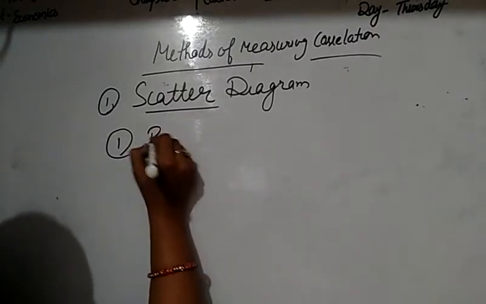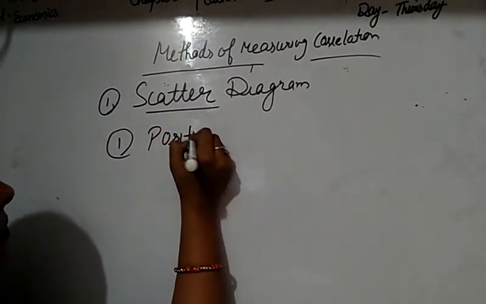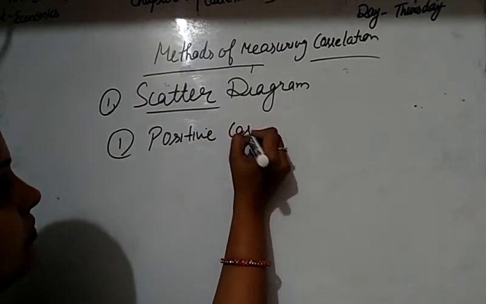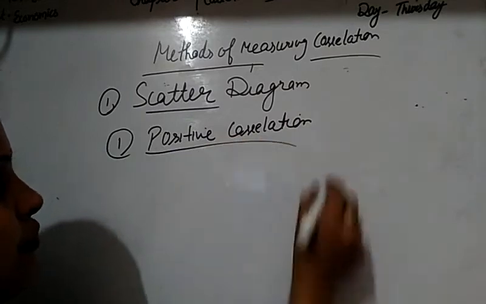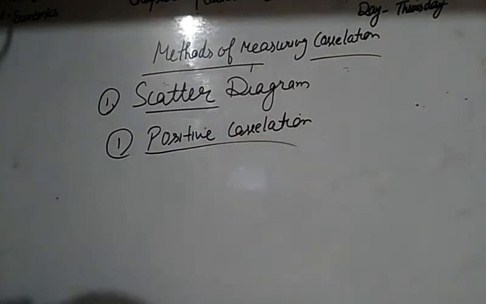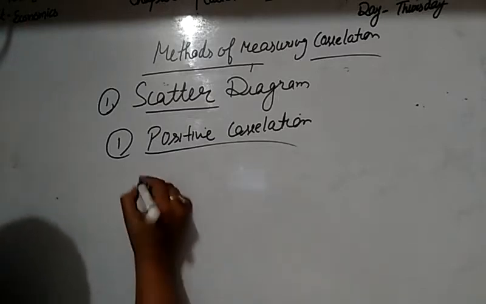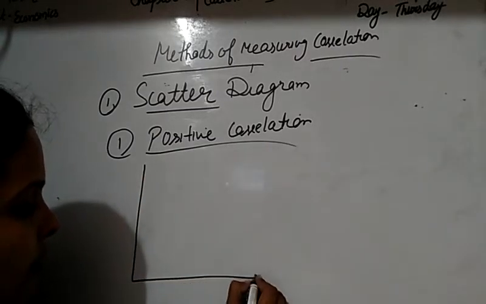First is positive correlation. When positive correlation is there, how can we judge that it is positive correlation? So this is a graph.